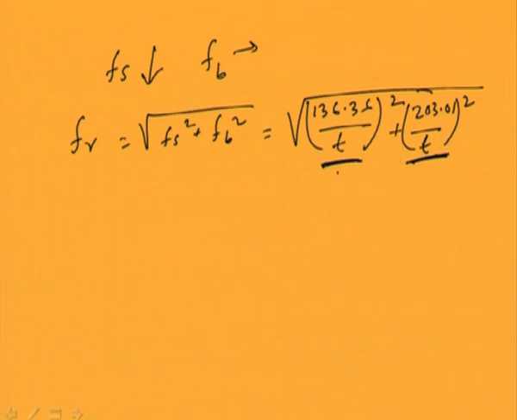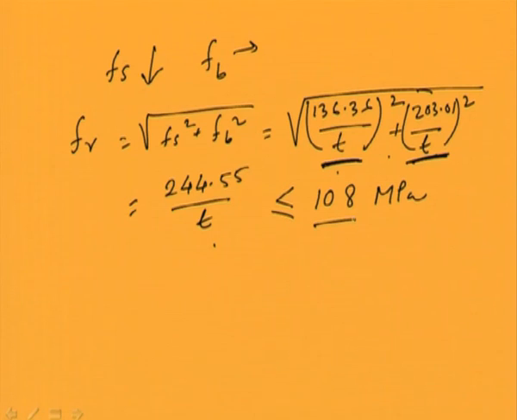So, as these are perpendicular to each other, we are making it in this way to find the resultant, and after calculating this we are going to get 244.55 by T. So, resultant stress at the extreme fiber is 244.55 by T, where the maximum stress will develop. That is to become less than the permissible stress, which is 108 MPa for the fillet weld.